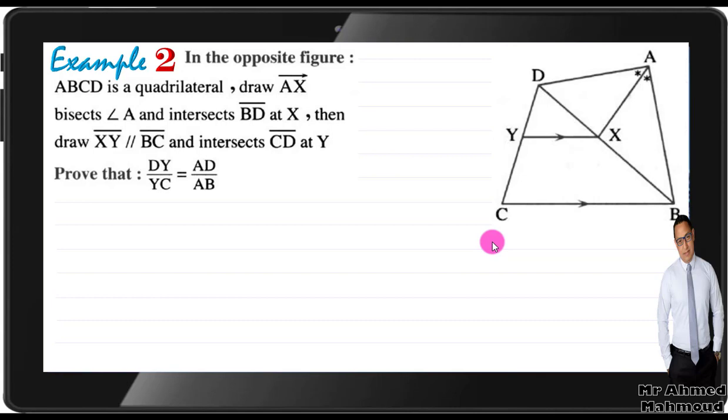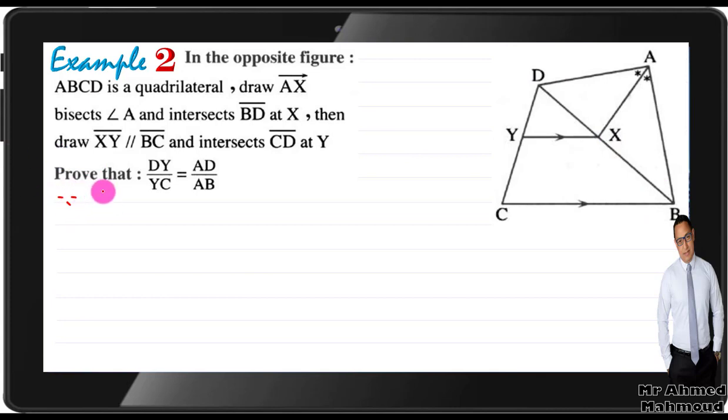Prove that DY over YC equals AD over AB. Now here, by using the previous lesson, since XY is parallel to BC, DY over YC equals DX over XB.